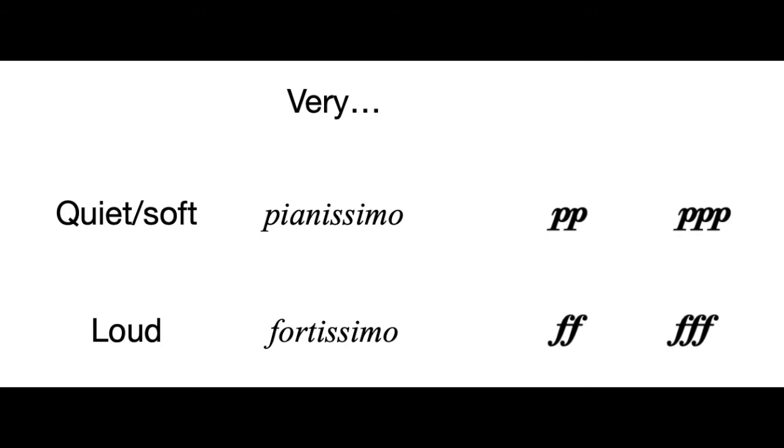The word, however many P's there are, is still pianissimo, never pianissimissimo. And for loud, forte, lose the E at the end, fort, add issimo, fortissimo, very loud, FF, or occasionally FFF, or even FFFF, when you want to be really loud.